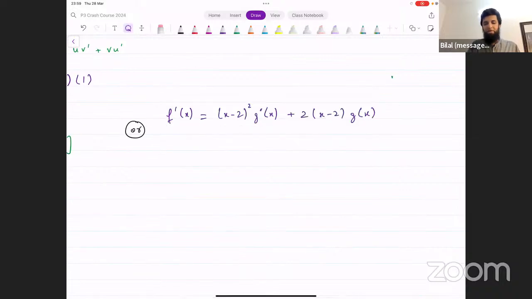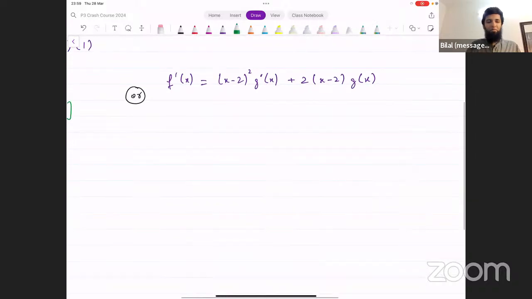Another way of proving that x minus 2 is a factor could be using remainder theorem. You could say, let's input x equals 2 in this. When you input x equals 2, what do you get?